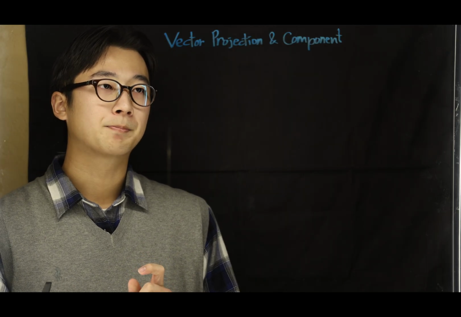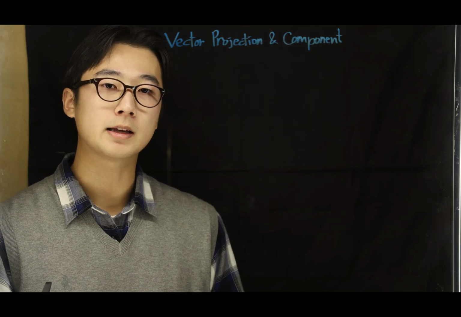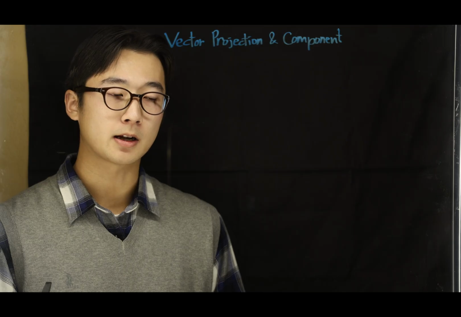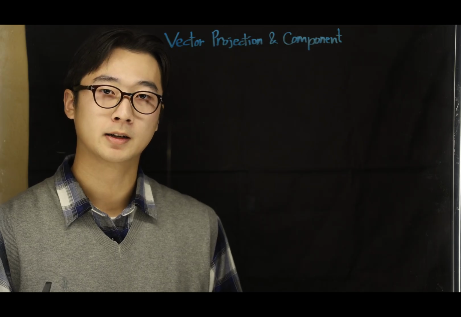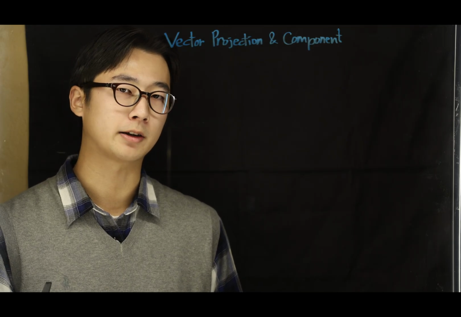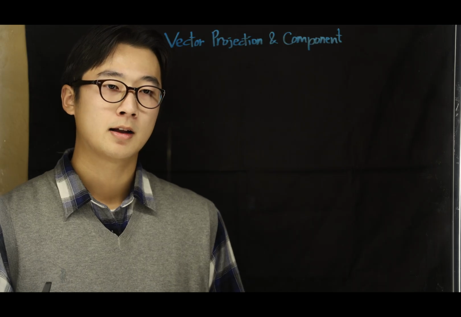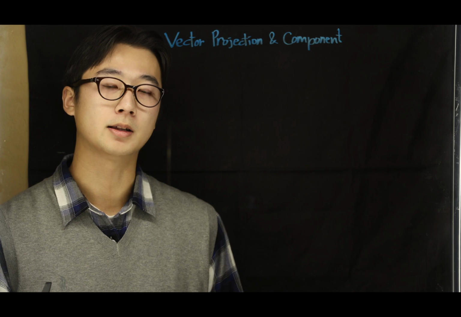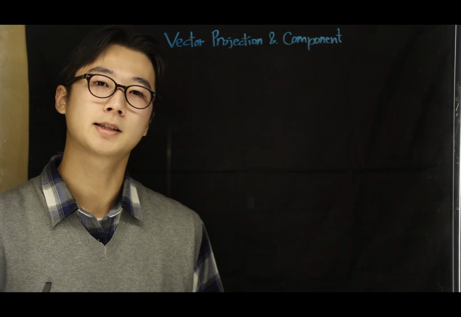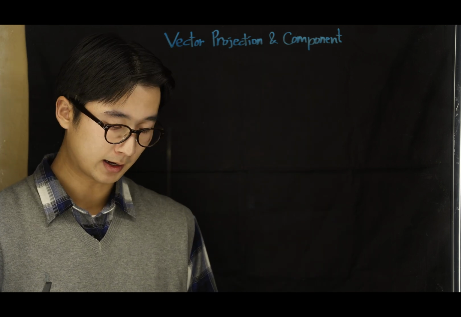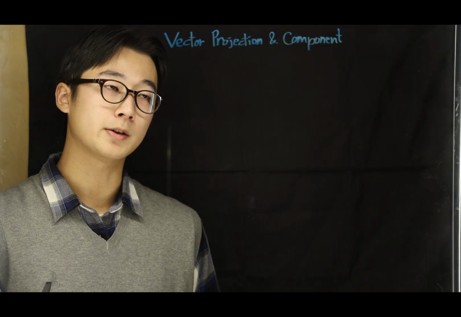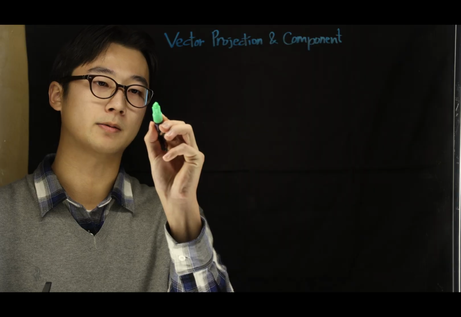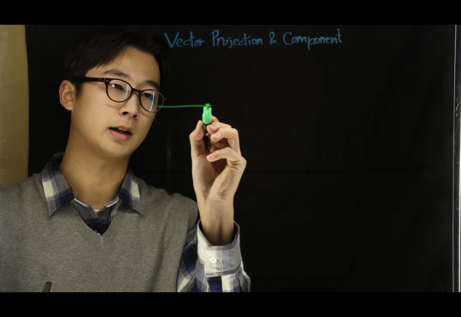Very simply, a vector projection gives us a vector. The output is a vector which has the magnitude and the direction. But the vector component only gives us a number, which is a scalar. So that's the key difference. Let me show you visually. So let's say there's a vector v. It's a horizontal vector, like this.